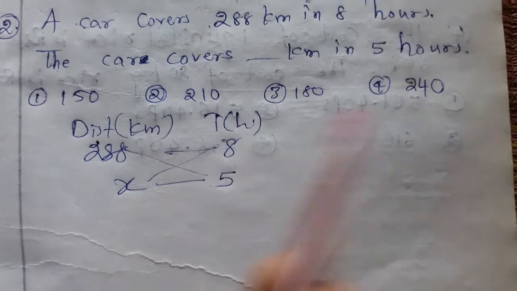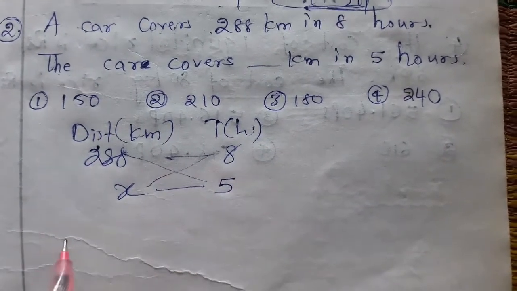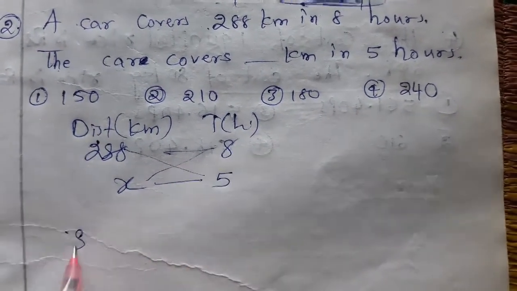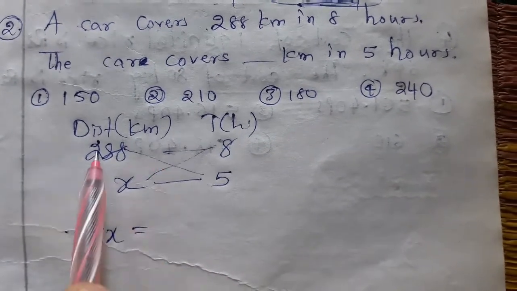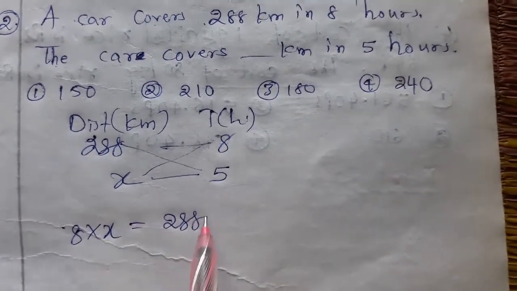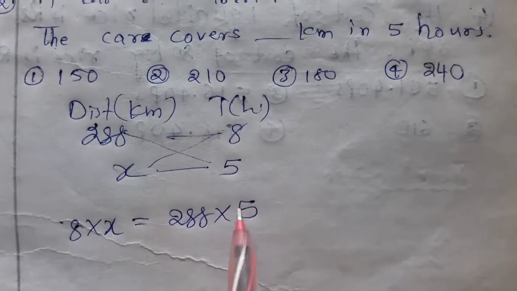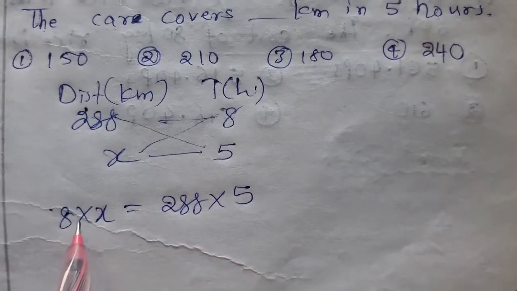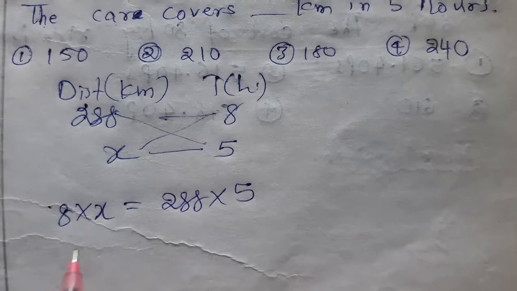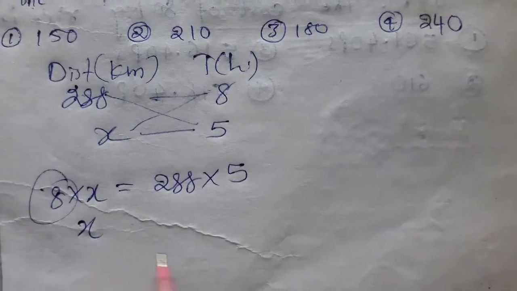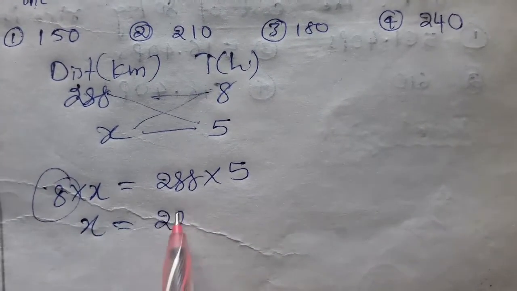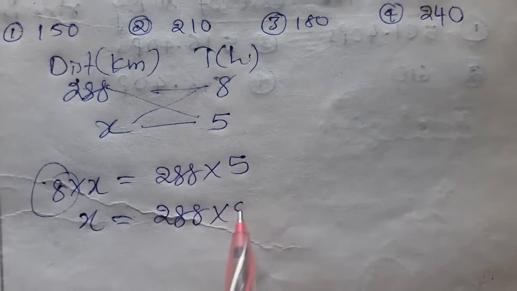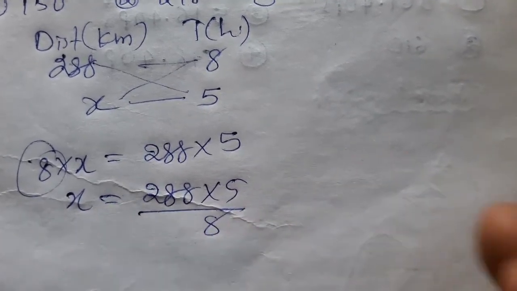Now take the cross multiplication once again. Now see here, 8 into x equals 288 into 5, isn't it? So send this 8 to this side. On the left side it is multiplication, when it goes to the right side it becomes division. 288 into 5 by 8.